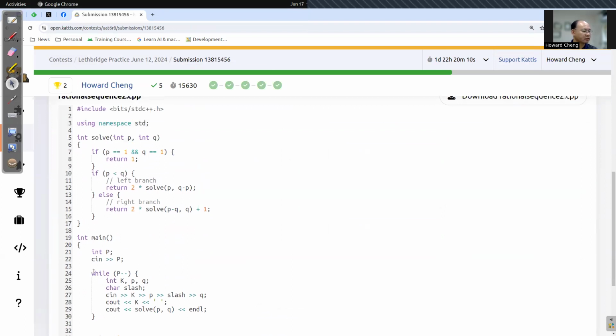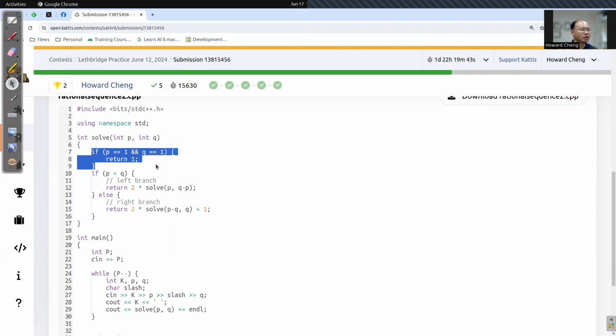Okay, so here, this part just reads in the number of cases, and then for each case, reads in the input, and then calls solve PQ. So solve PQ is the one that does everything. What does it do? It checks if it's a base case.